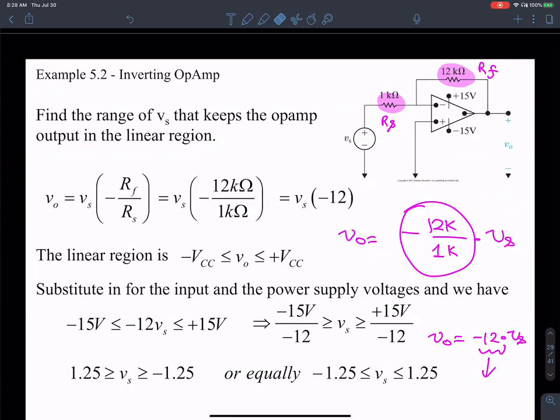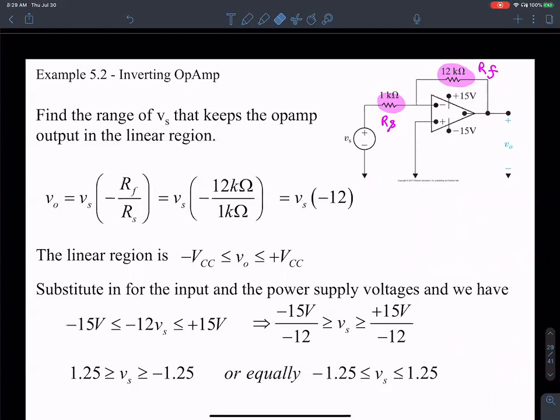We saw the open loop gain A earlier when there is no feedback configuration. But when there is feedback, when the output is tied back into the input, the gain drastically changes to a constant value, negative RF over RS. So that's the idea of how you would solve for this circuit.